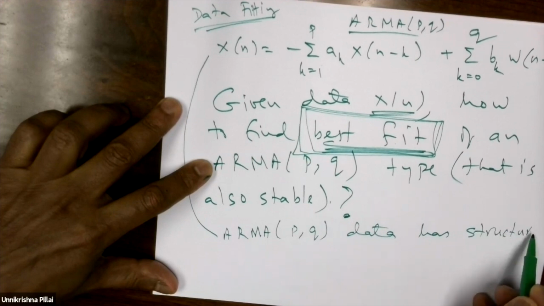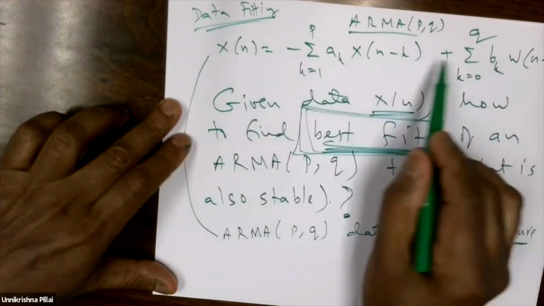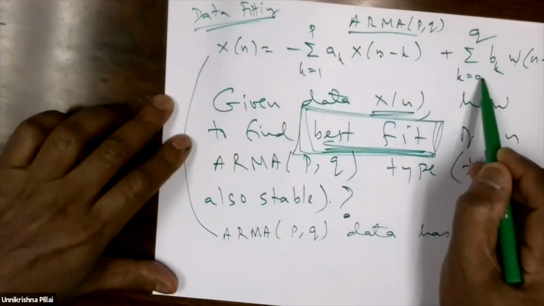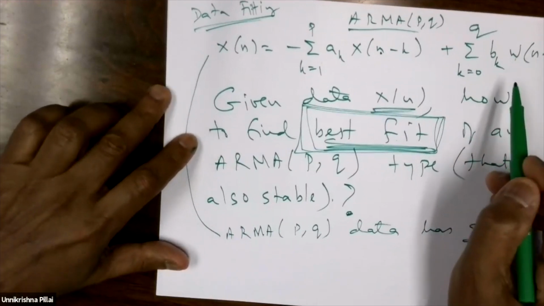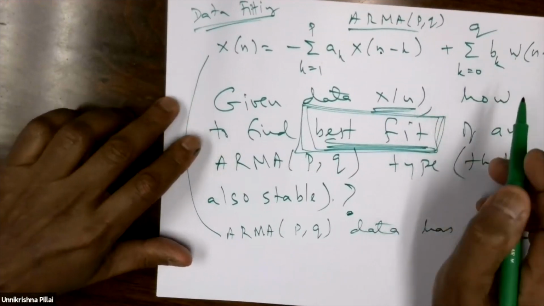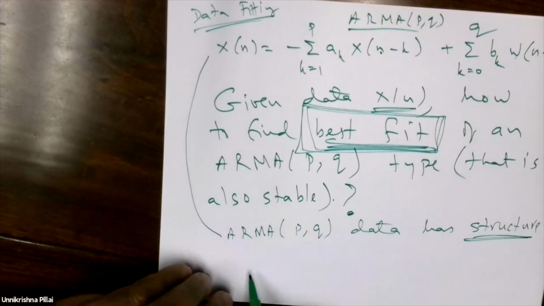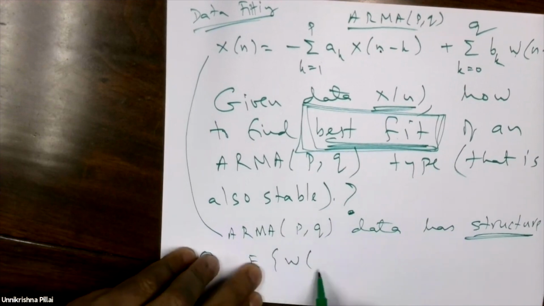Look at this on the top line. At least it's not crazy. It depends on the previous n values, p values, and it depends on some input process. You can think of this as some sort of noise process if you want. So it has got some structure, and how do we capture it? So one assumption we actually make is about the input noise.